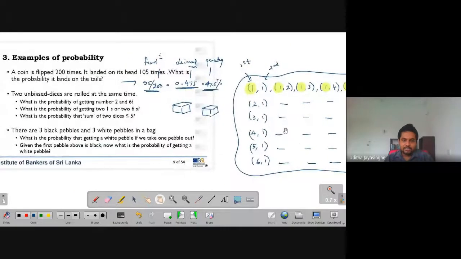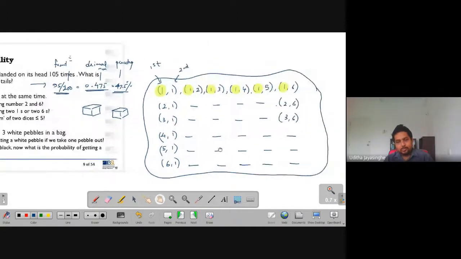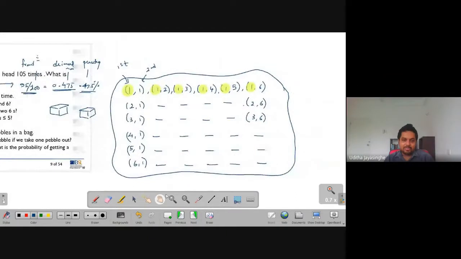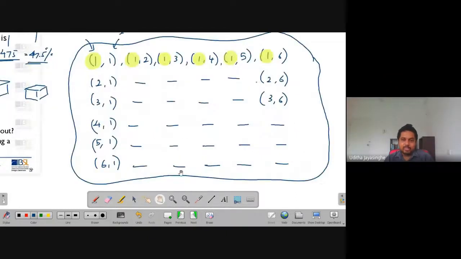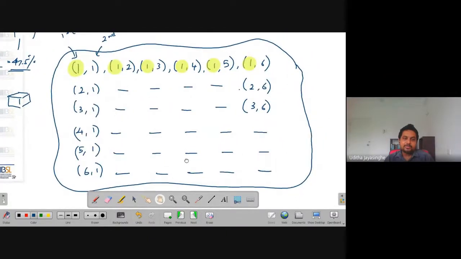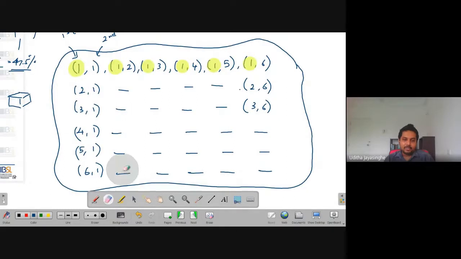What is the probability of getting number 2 and number 6? Now, I'm assuming, this is my way of arguing, the examiner is thinking of one dice getting number 2 and the other dice getting number 6.